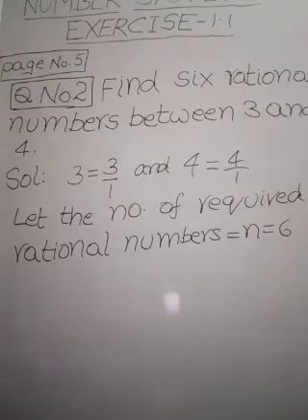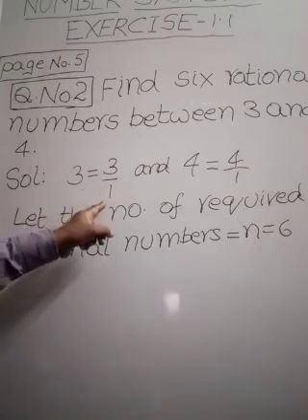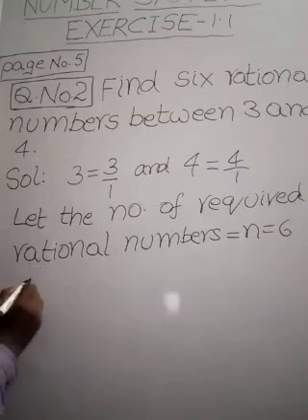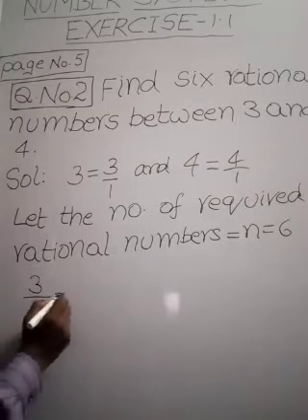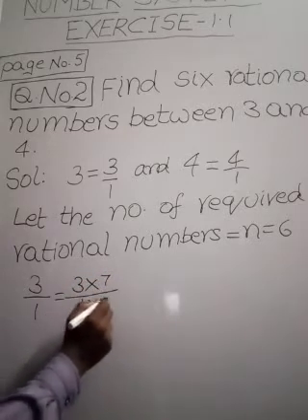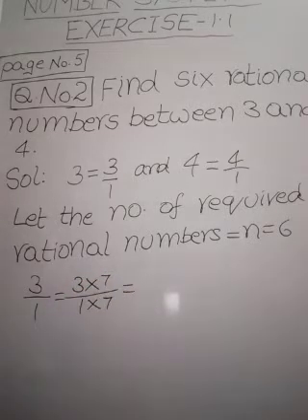So here multiply this numerator and denominator by 7. So 3 by 1 is the number, so 3 into 7 by 1 into 7. Understood my dear children? Why are we multiplying by 7?